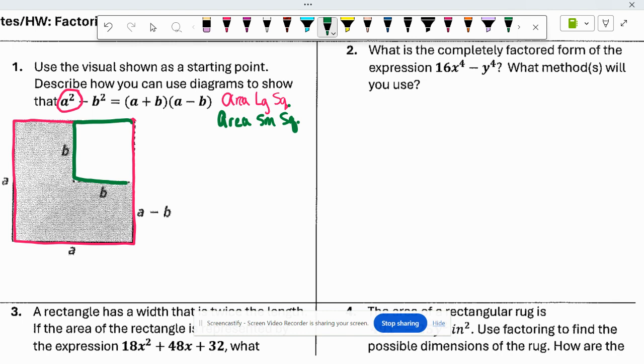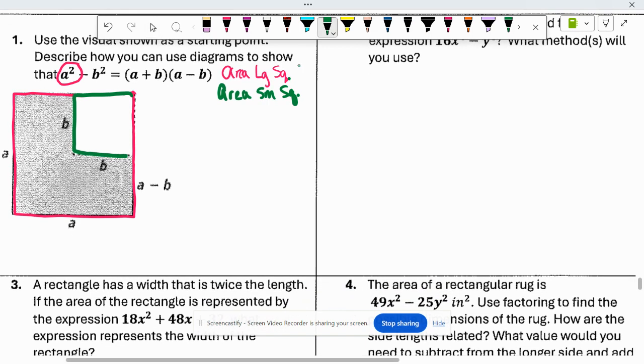So I want to show that I can take the area of the large square minus the area of the small square, but I want to use a picture to make it make sense for my brain. Like I want to help my brain understand how to factor it this way. So if this measurement is B, this measurement is also B. Do you guys believe that, right? Because it's a square.